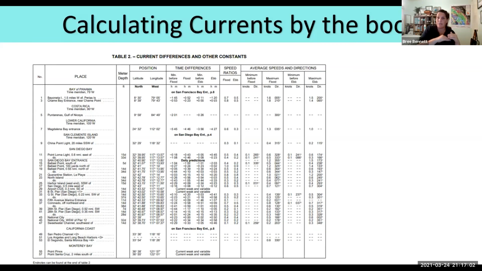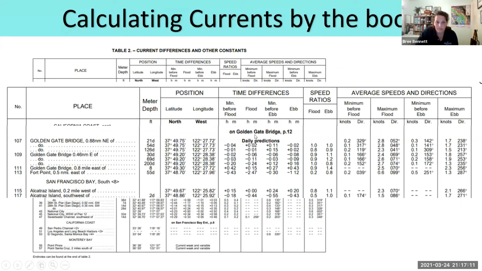So it's that same graph that I do. In this case, we have more times. Here we go, I've blown it up a little bit. We have our subordinate stations, and then we have our minimum before flood. That's going to be a slack.